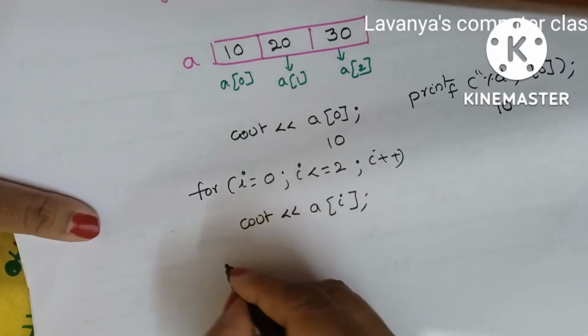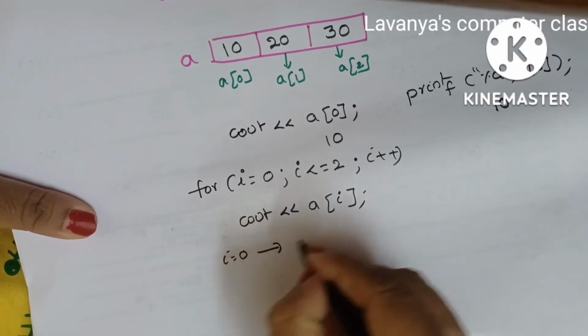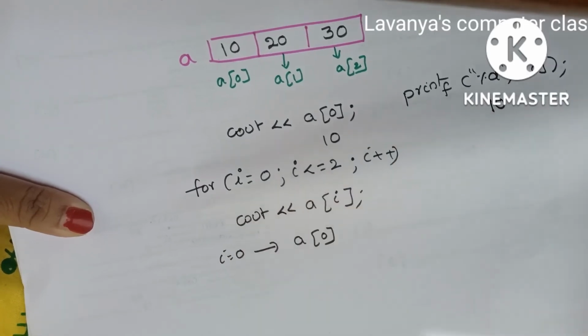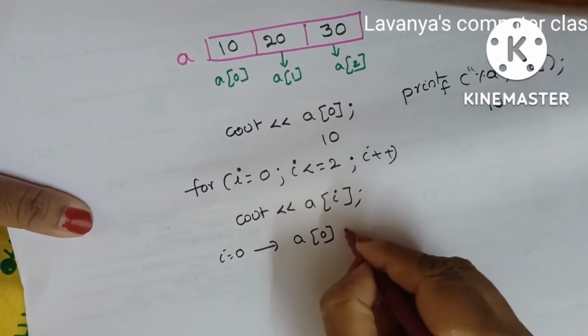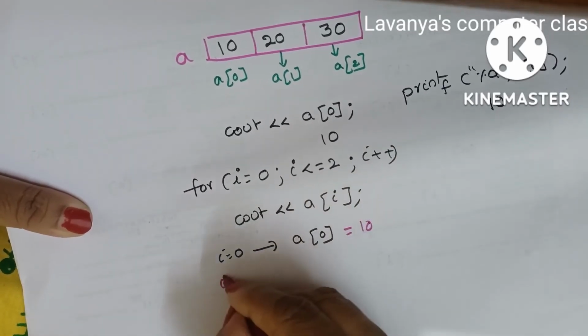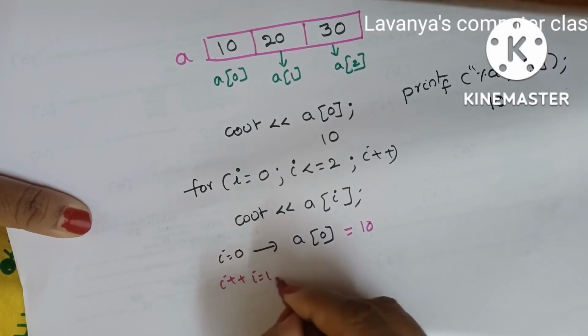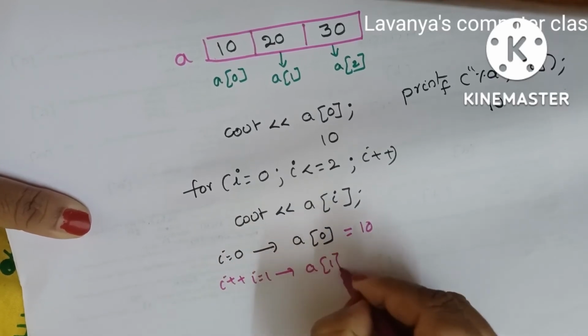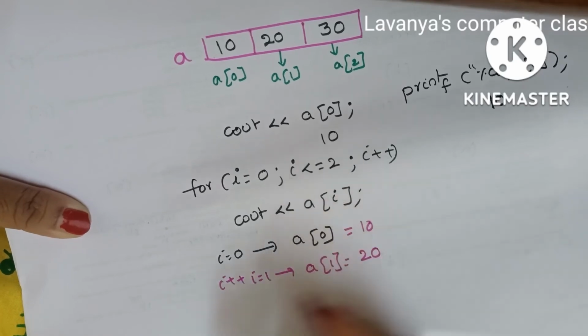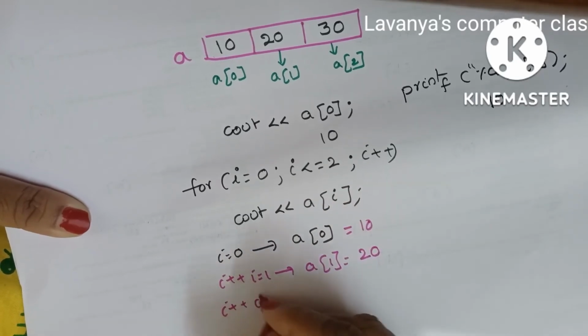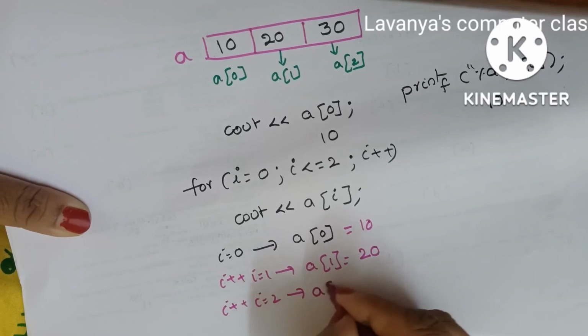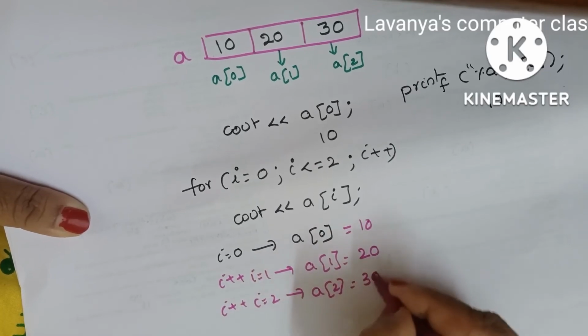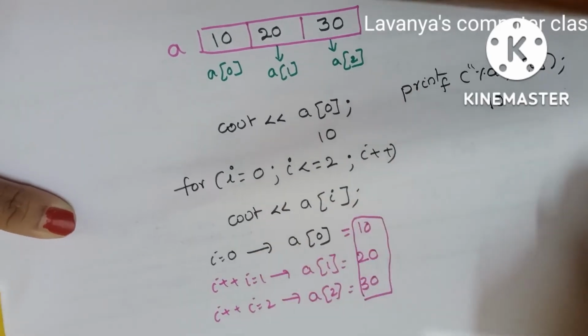First, the i value is 0, so a of 0 is printed. What is a of 0? That is 10. Then i plus plus means the i value goes to 1, that is a of 1. What is a of 1? Value 20. Then again i plus plus means i equals 2. A of 2 means what is the value? 30. So these 3 values are printed here.